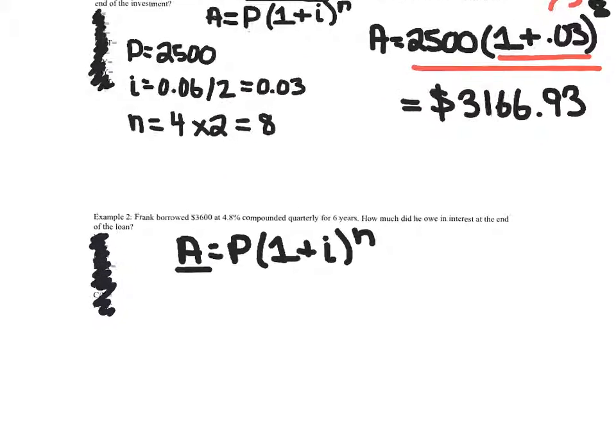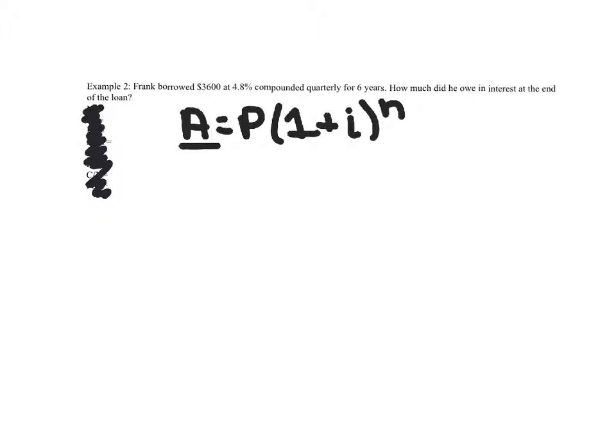Okay, so you should have tried that question yourself. Let's talk about the elements of this question. The principal, the initial amount deposited, was $3,600.